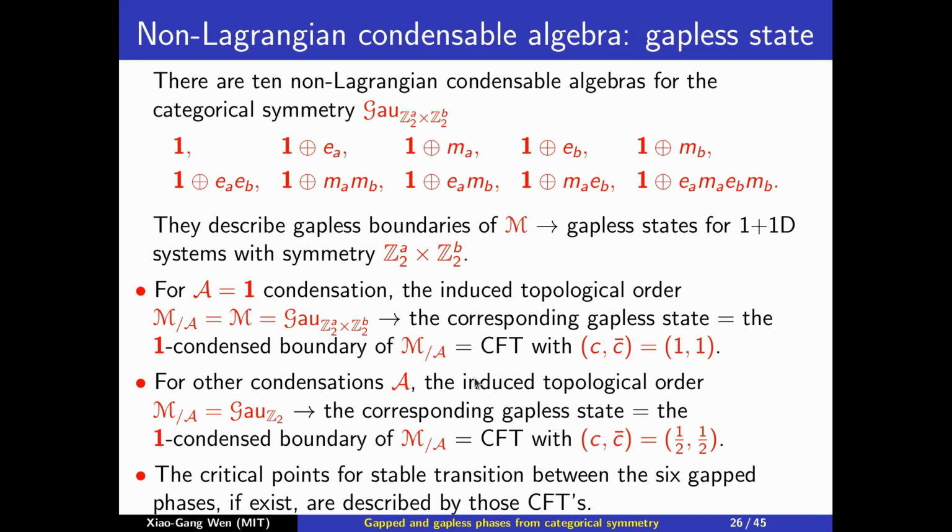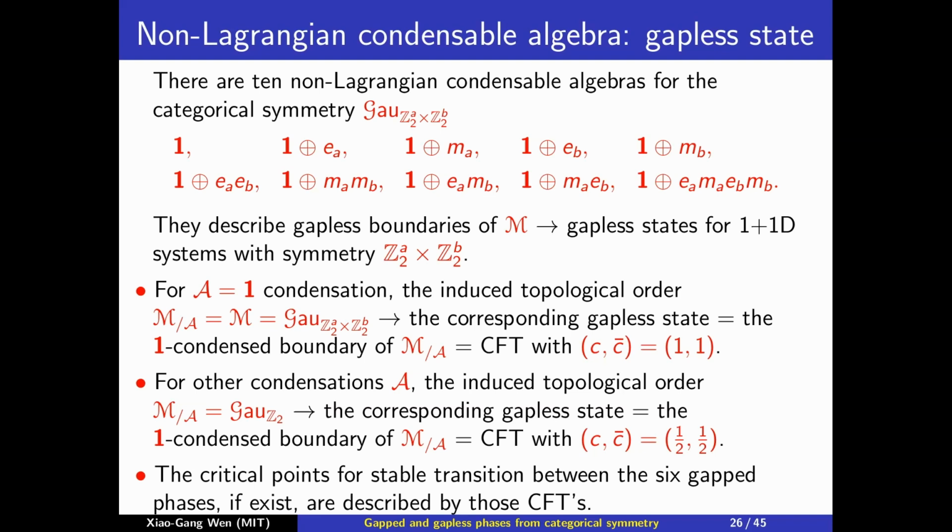They describe some kind of phase. For example, there's one condensed boundary described by this essentially Ising CFT. And then you can say usually those CFTs have additional emergent symmetry. I don't know whether it's generally true or not. This additional emergent symmetry can probably be seen via an automorphism of the bulk topological order and gauging that.